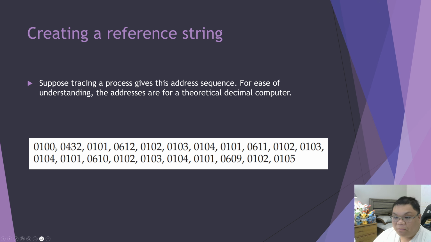So if we just chop off the last 2 digits of all of these addresses, we'll be left with the page numbers. But we'll also have, for example, a string of consecutive page numbers that are all the same. So 0102, 0103, 0104, 0101, that is the same page being accessed each time.